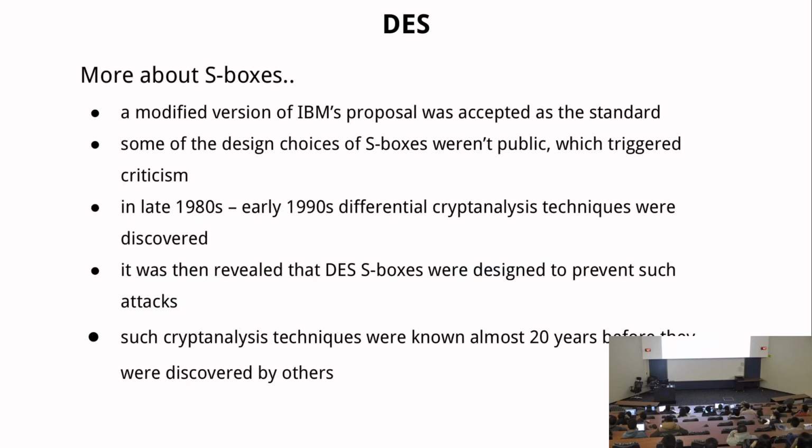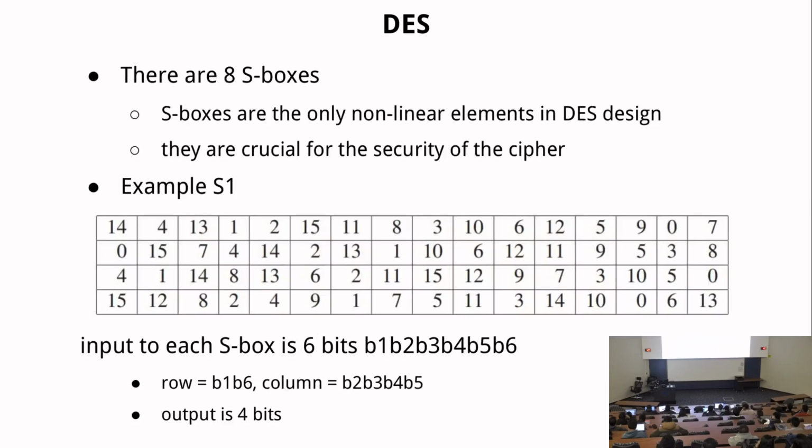So a little bit more about the S-box. The S-boxes in the standard were a little bit different from IBM's original design, and the design rationale behind the S-boxes was not public. For example, how can you explain why we choose 15 here instead of 13?